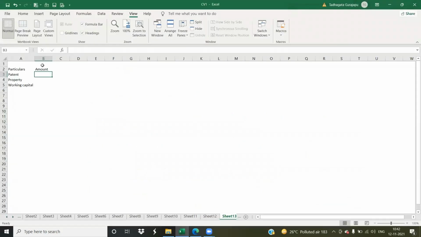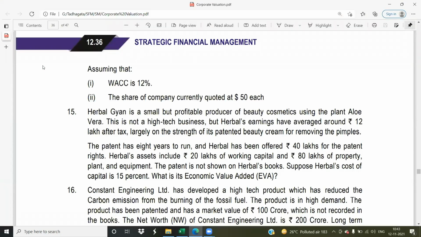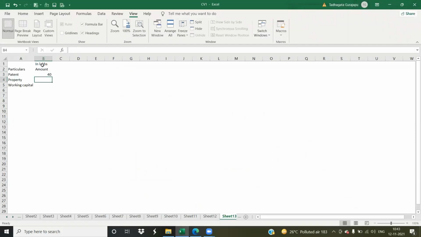Everything in lakhs: 40, 80, 20. So invested capital equals the sum of all these.